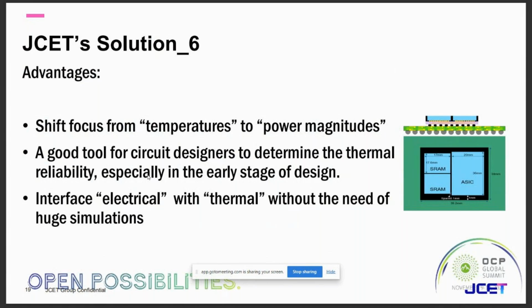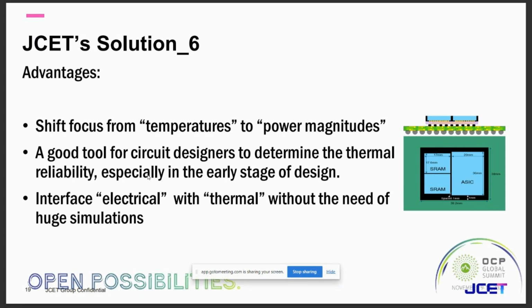With this tool, based on the power, they can determine the thermal reliability. I'm not a circuit designer, but I think this could be a good tool for circuit designers, especially in the early stage of design.